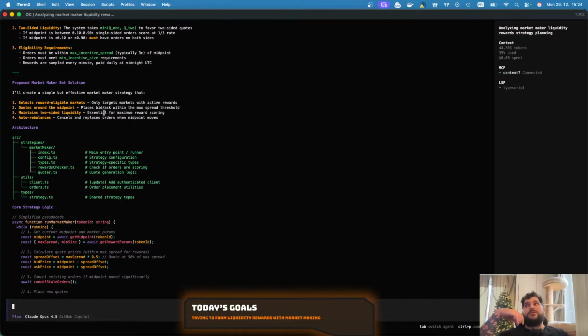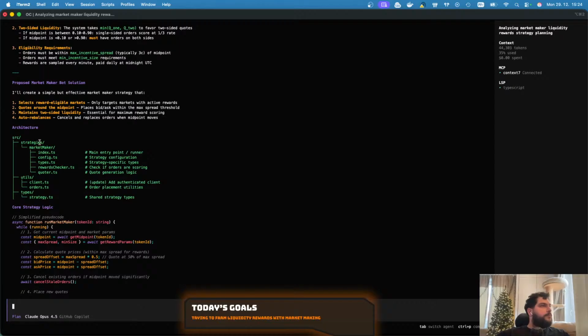We don't want to automate that for now, at least. Let's see. Quotes around the midpoint, places bid and ask within the max spread threshold, maintains two-sided liquidity, essential for maximum reward scoring, and auto-rebalances, cancels and replaces orders when the midpoint moves. Yes, this is what we need. Sure.